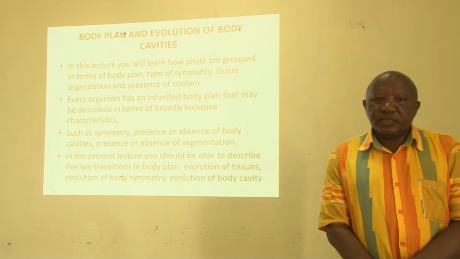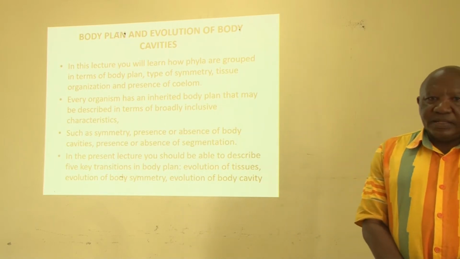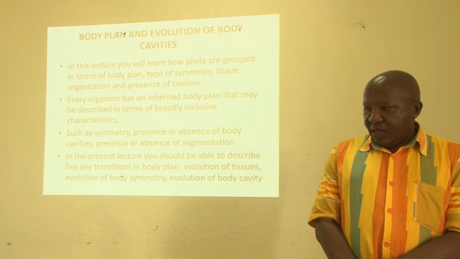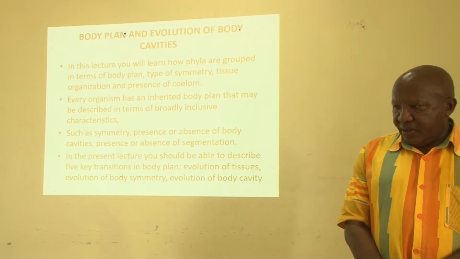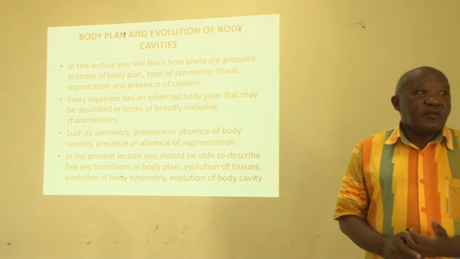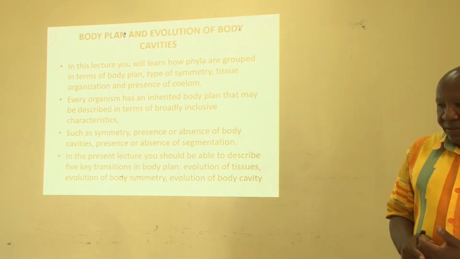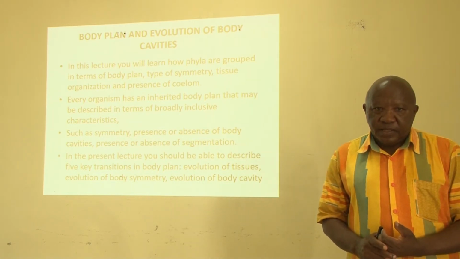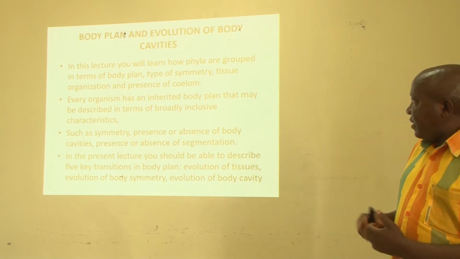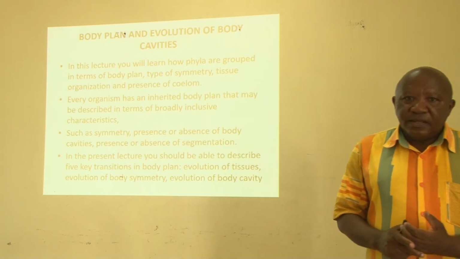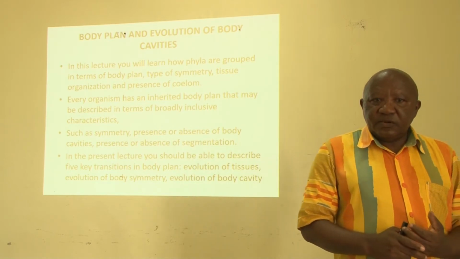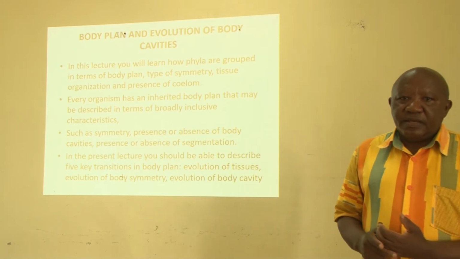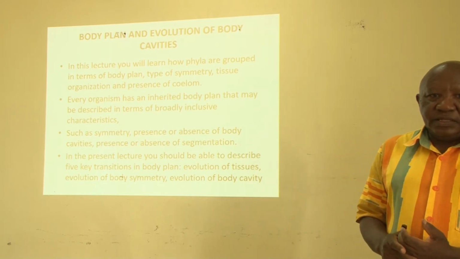Now let us look at body plan and the evolution of body cavities. Having appreciated the diversity of the animal kingdom, and understood how to classify them into their various kingdoms, let us look at one of the unique features of the animals, which is the evolution of body cavities.